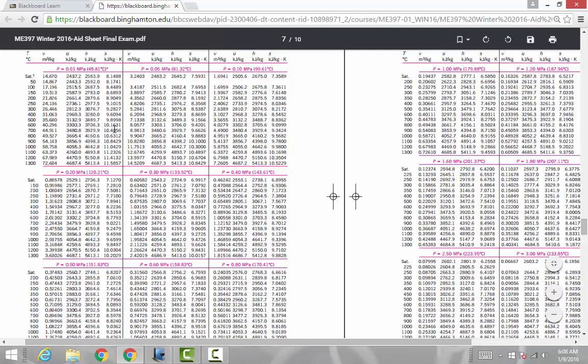Each of these blocks is at that pressure on top. The very up left one is P equals 0.01 megapascal, and then 0.5. We are talking about 200. So 200 kPa is 0.2 megapascal here. And then the temperature is 300. So this is the information that we're looking for.